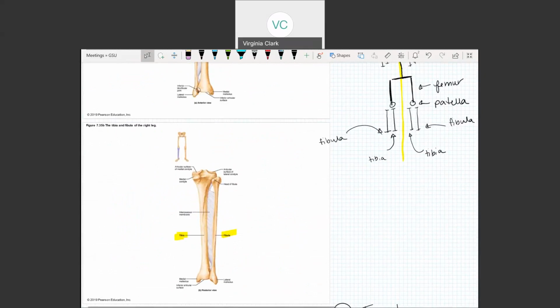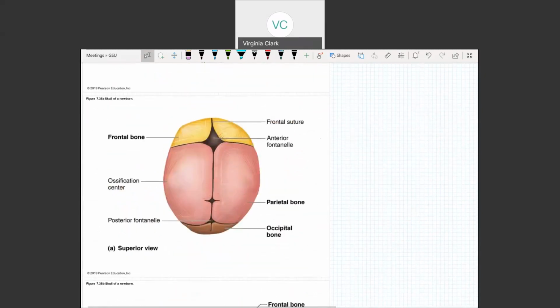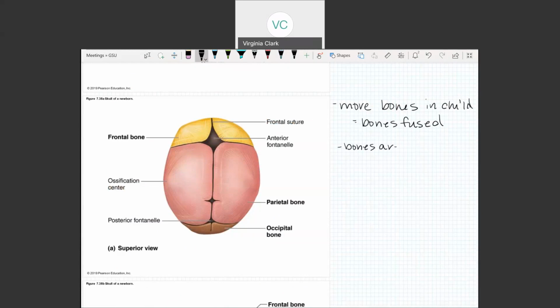Okay, so we said that in the adult, there were 206 bones. Well, in the newborn or in a child, there are actually more bones. The way that you get the 206 bones is that bones will fuse over time. So when a child is born, there are going to be places where the bones are not yet connected.